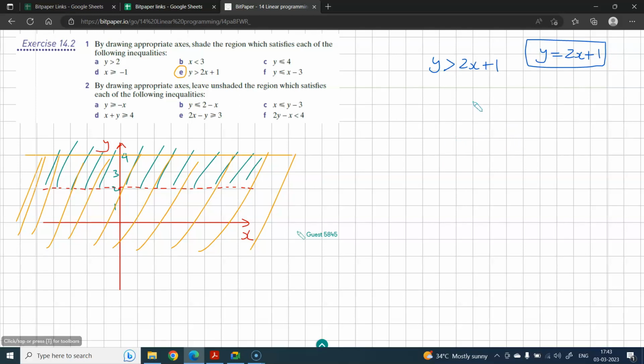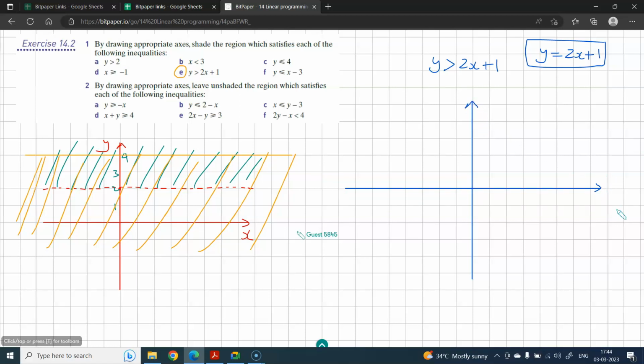You must have learned this before, right? Drawing the graph of a linear equation. Do you remember? How did we draw the graph of a linear equation?